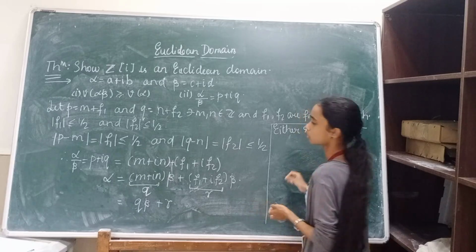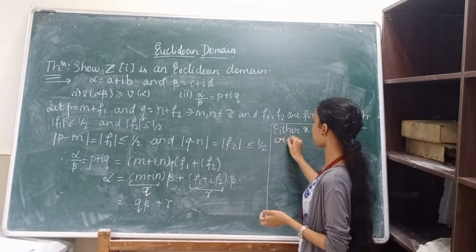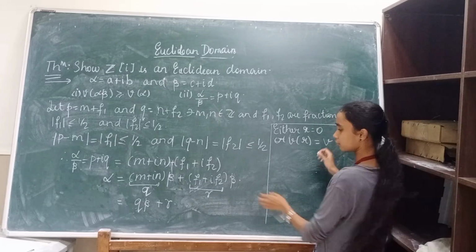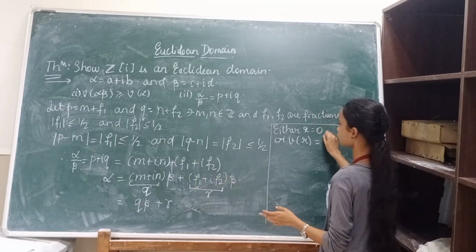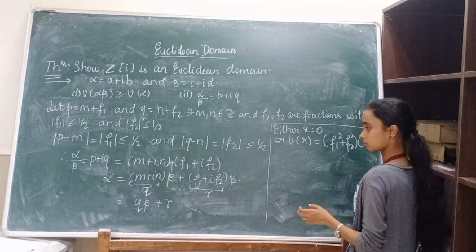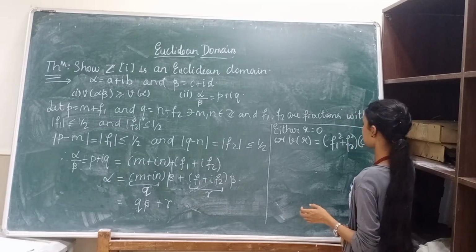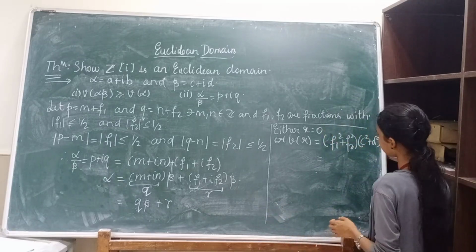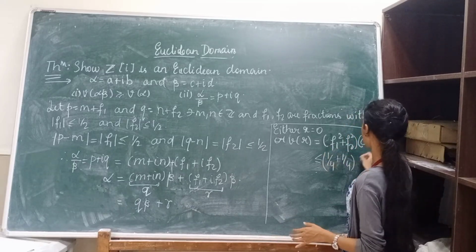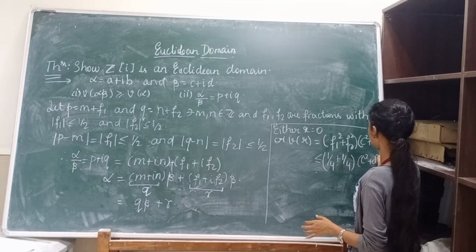Either R is 0 or E of R, E of this, will give you (F1 square plus F2 square) into (C square plus D square), which is equal to (1 by 4 plus 1 by 4) into (C square plus D square).